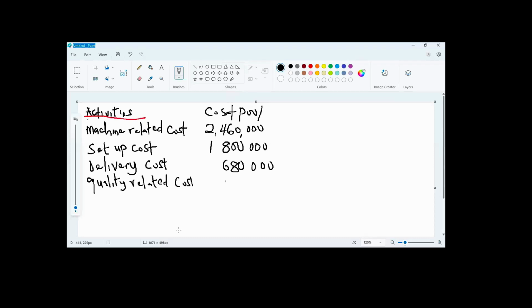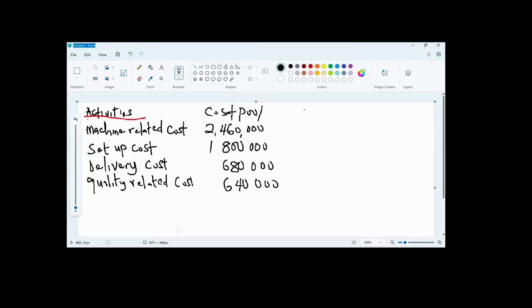And this is 640,000. This is step 2. So you don't need to cram anything. Identify activities, examiner will give you. The cost pool, examiner will give you.